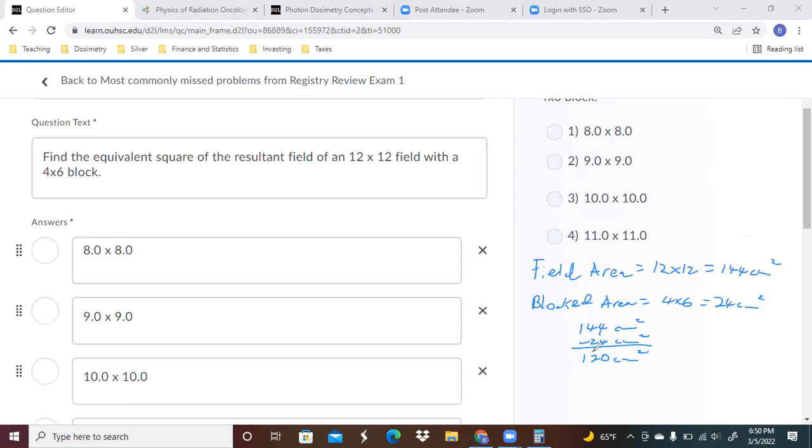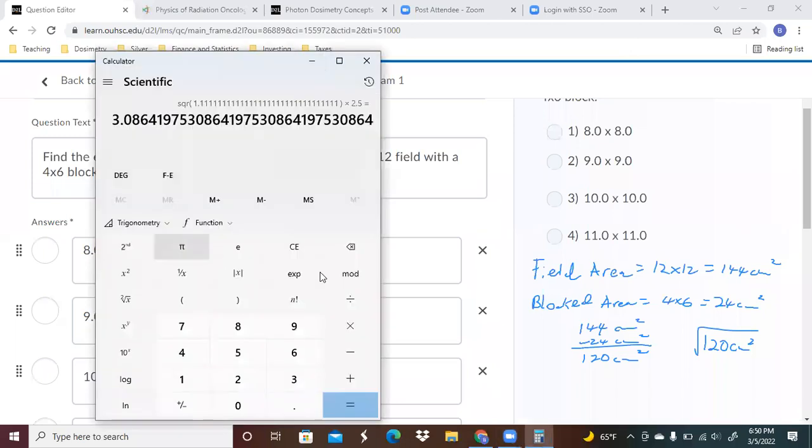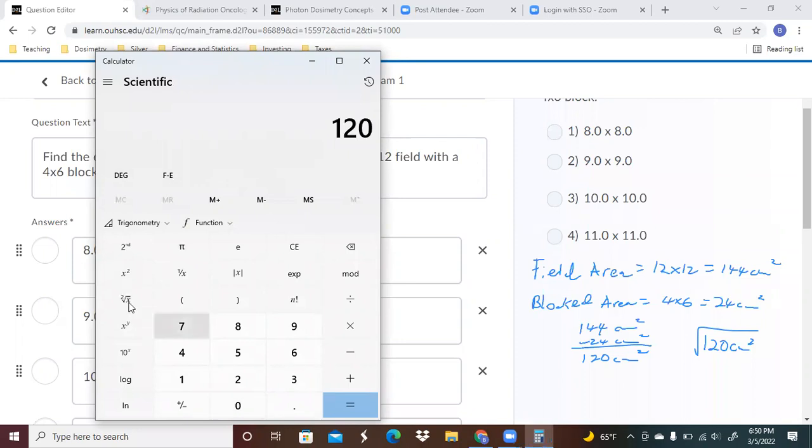In order to find out what sort of an equivalent square that happens to be, you take 120 centimeters squared, you take the square root of it. When you do that, you come up with 10.95.